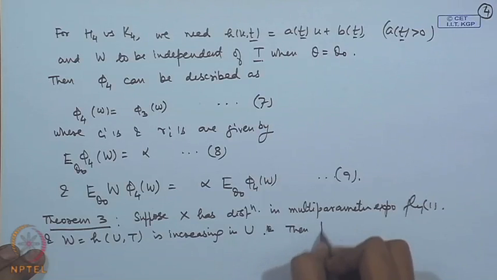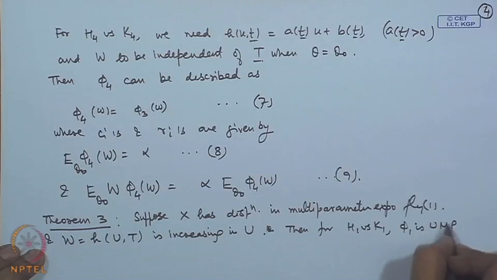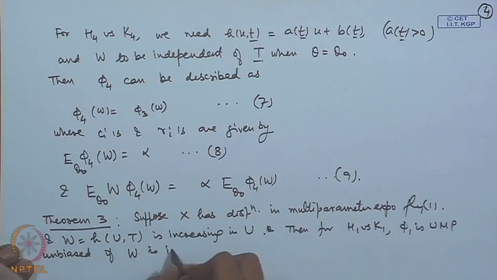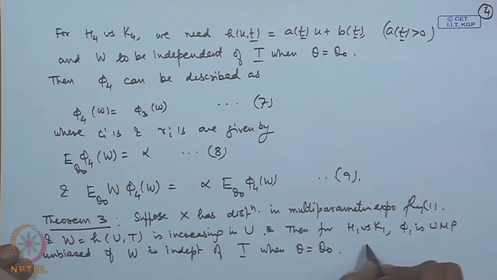Then for h 1 versus k 1, phi 1 is UMP unbiased if w is independent of t when theta is equal to theta naught.